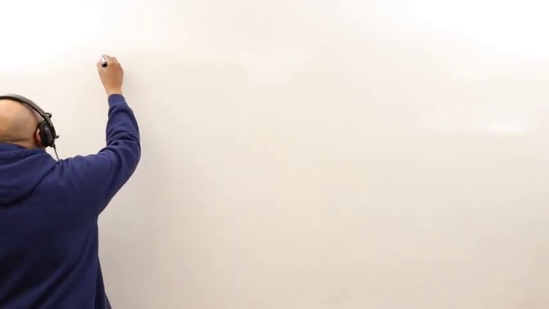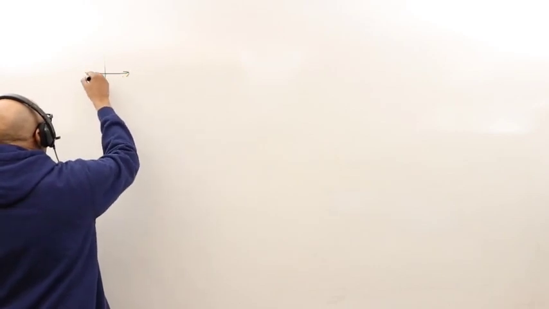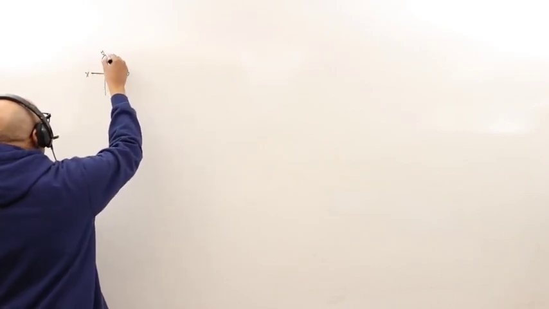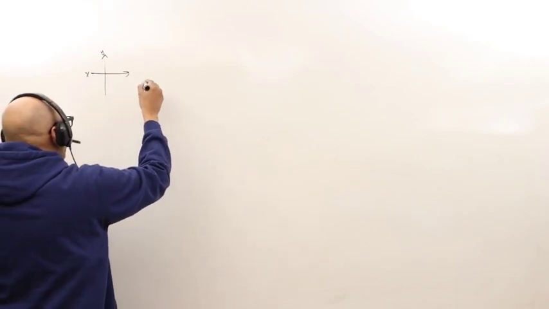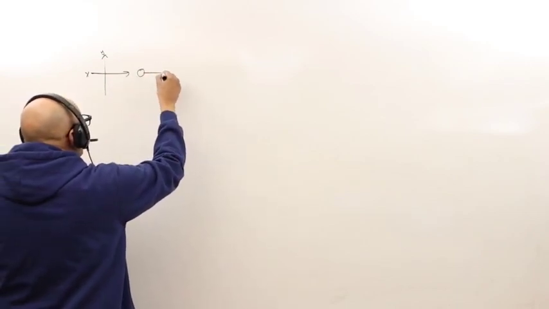So, first thing we're supposed to do is to draw a little diagram to understand the problem. So we have a bomb. Here's our x-axis, here's our y-axis, and we have a bomb traveling.